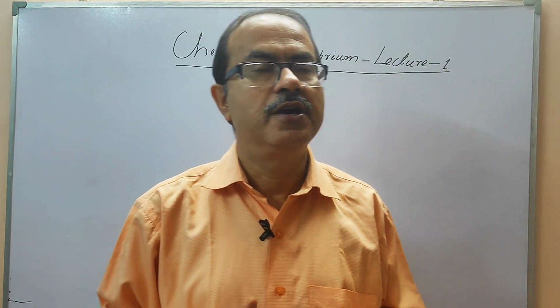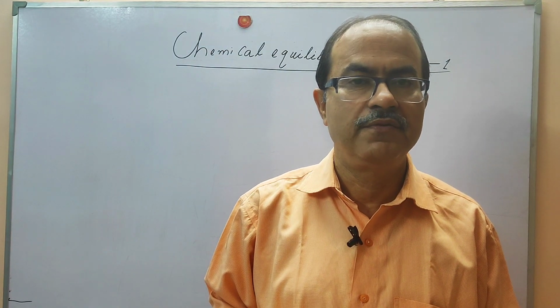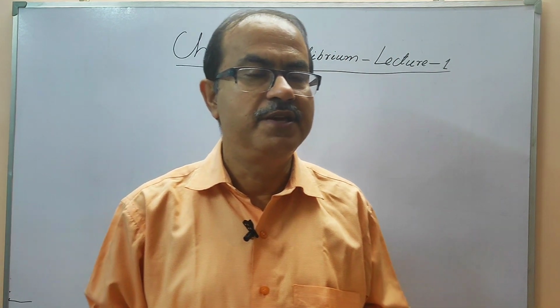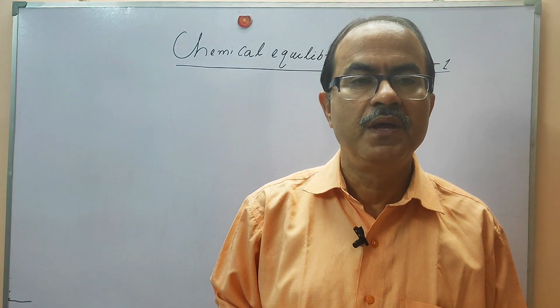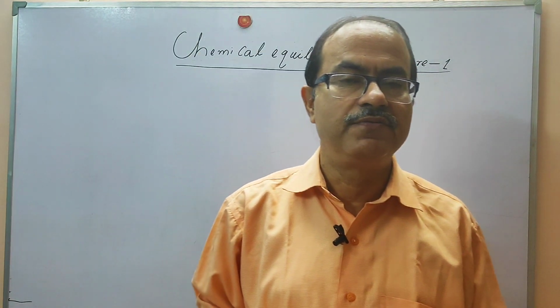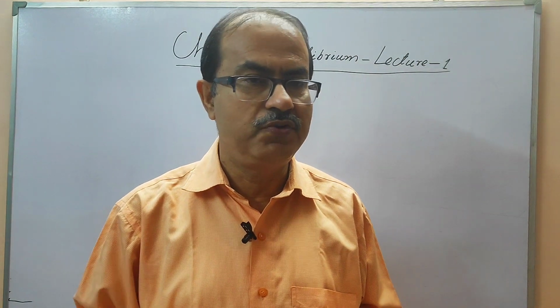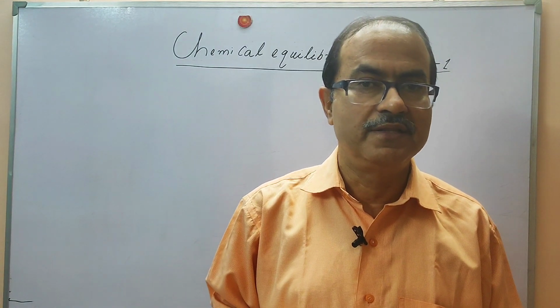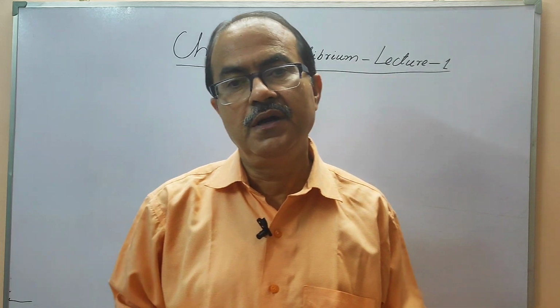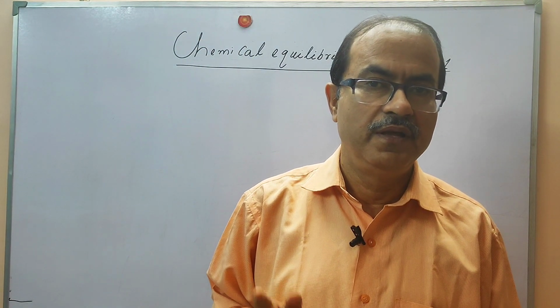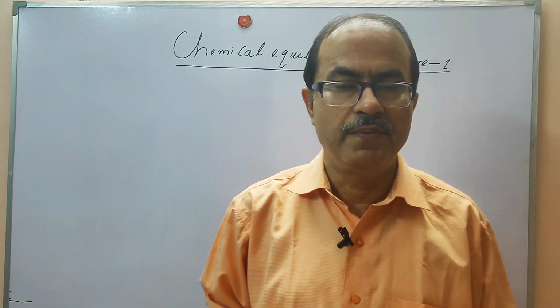So in this lecture, we are going to discuss the very first, very basic thing, that is the basics of equilibrium and the types of equilibrium. Then we will discuss different examples of equilibrium, and last we will discuss the general characteristics of reactions when they are in equilibrium.